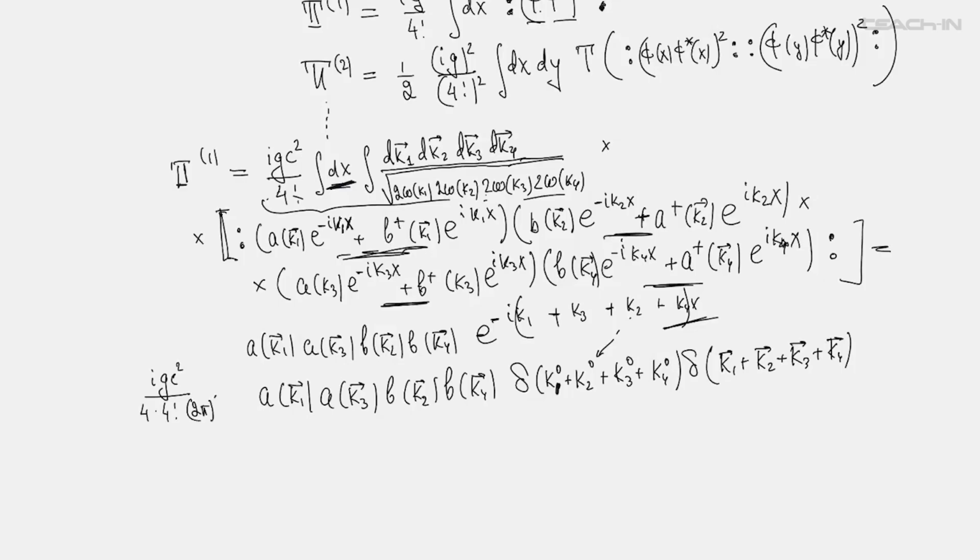Right. And I missed here also a prefactor from these fields, which is 1 over 2 pi to the power 6, to be exact. And so this will be one term, which comes with integrations over 3 momentum.